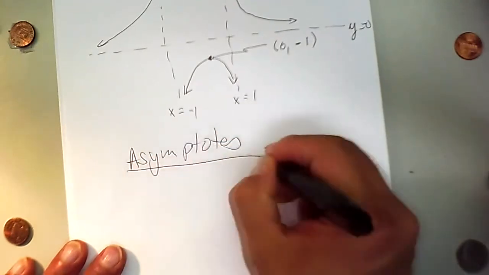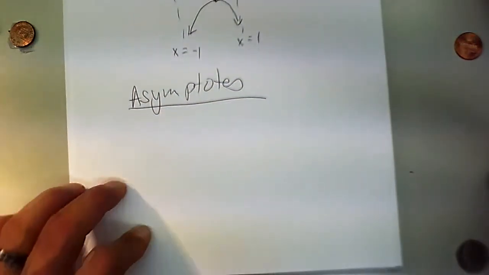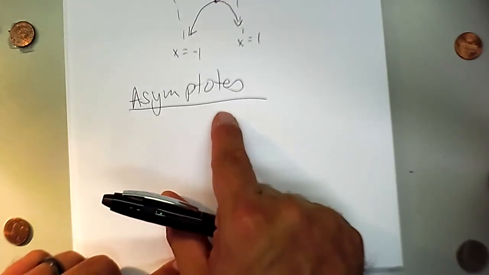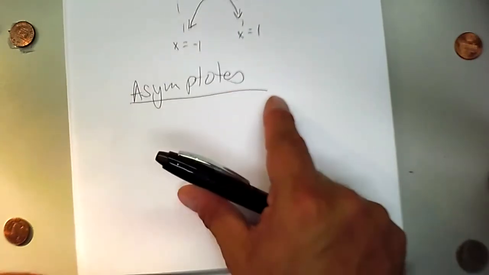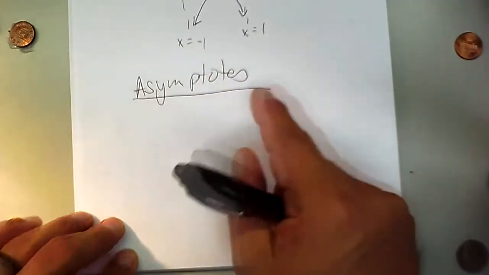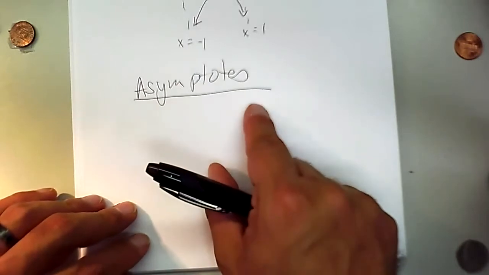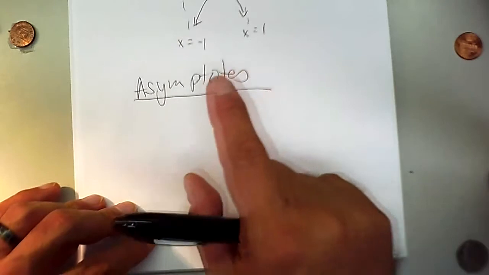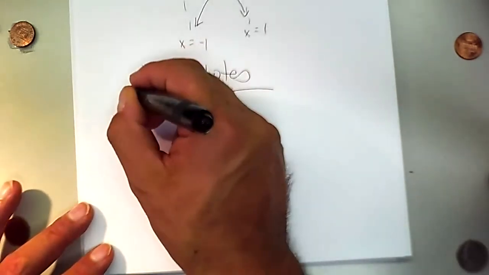Asymptotes. Okay, so the asymptotes occur when the denominator is 0 and the numerator is not 0. Oh, actually there's more than one kind. There's vertical asymptotes, horizontal asymptotes, and slant asymptotes. So let's talk about vertical asymptotes.